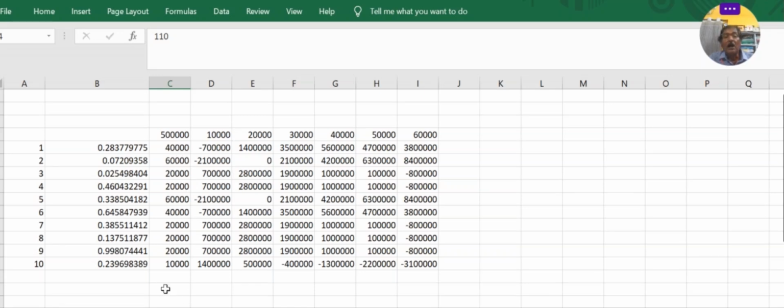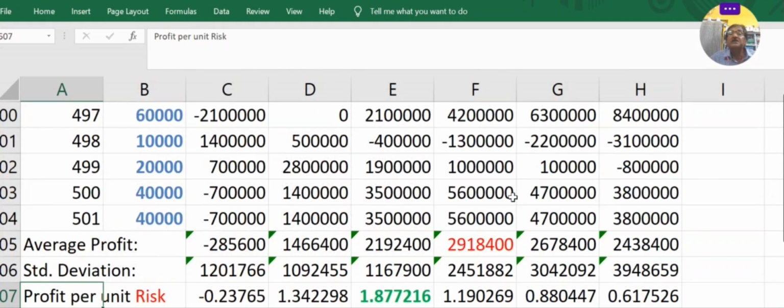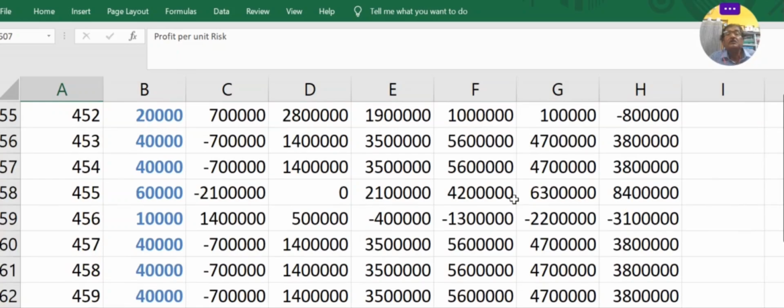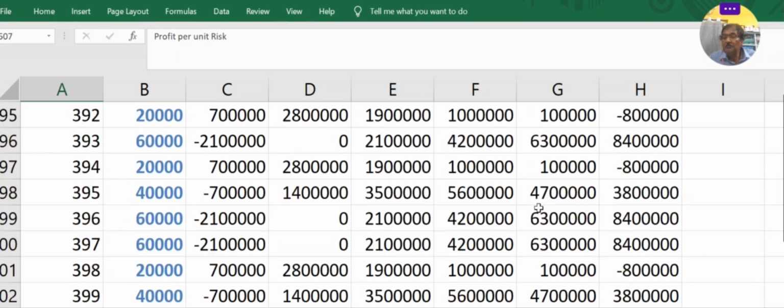So we have taken the value only, as I have already discussed why we are taking values: because if you put the formula then that will reflect anomalous figures, because after changing any value it will change automatically. That's why we have to do it in that way. Now I am going to show what further calculation you have to do, and this is the table which we have done.